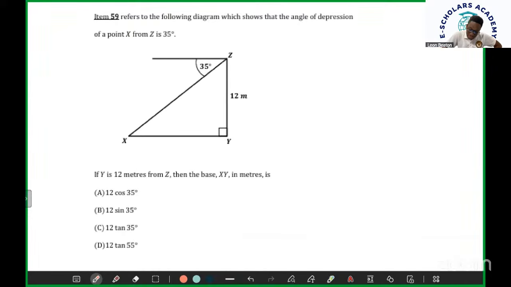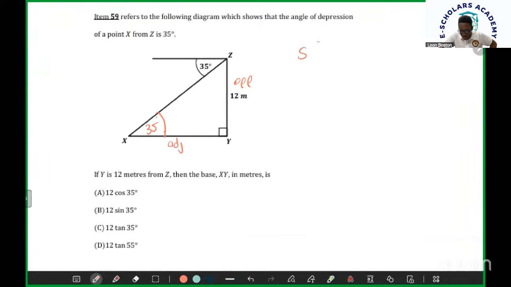If this angle is 35, we can say here is 35. What they want is XY, which is here. Let's deal with the 35. This 12 here would be the opposite, and the thing we want to find would be the adjacent.